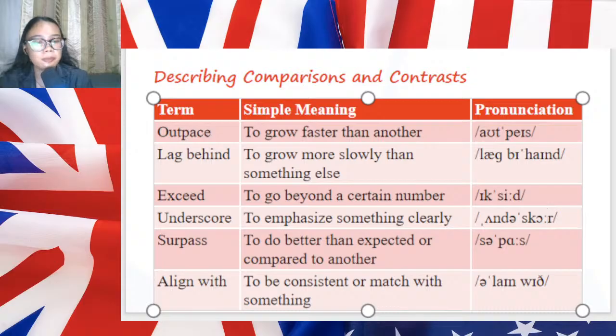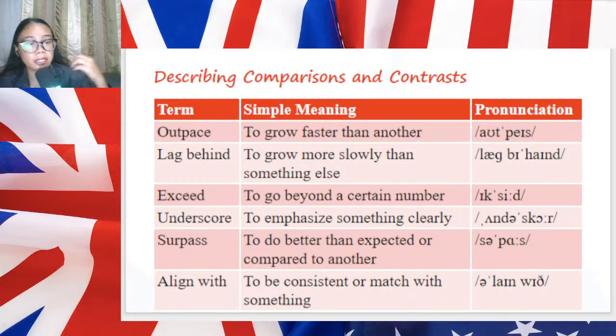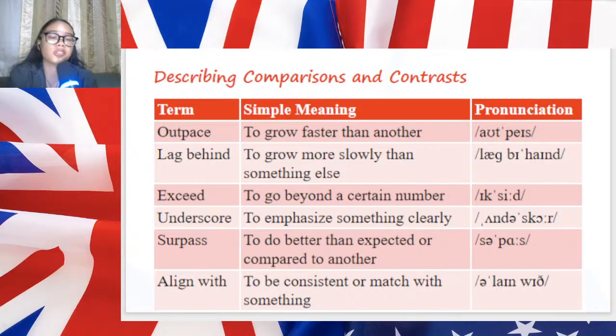Again, surpass. Next, and the last term for this set is align with, which means to be consistent or match with something. You can think of two things lining up perfectly. That is align with. When one thing aligns with another, it means they are in agreement, they are consistent, or they match up. It suggests harmony, it suggests similarity or support between different elements.